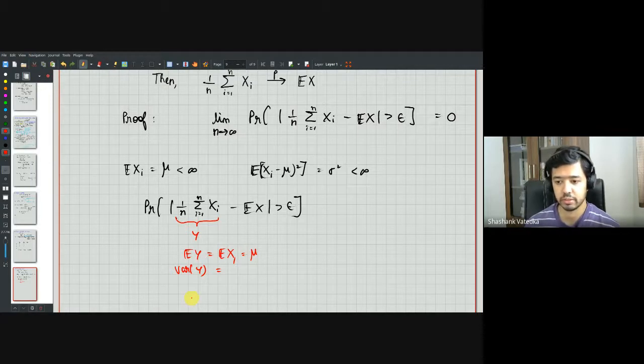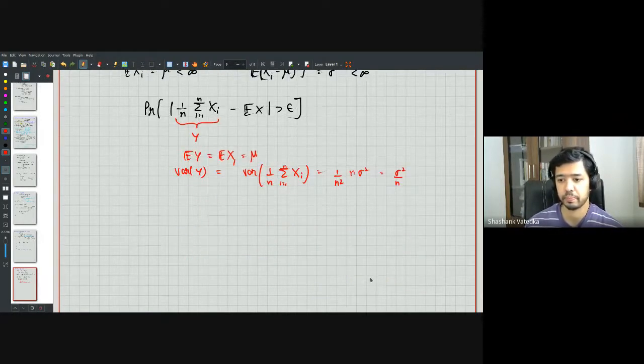So it's the variance of 1 over n summation of xi, which is 1 over n squared times the variance of the summation, which is n times the variance of xi, which is n sigma squared. So it is sigma squared divided by n. Correct? So that is fine.